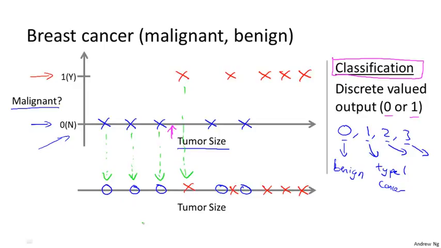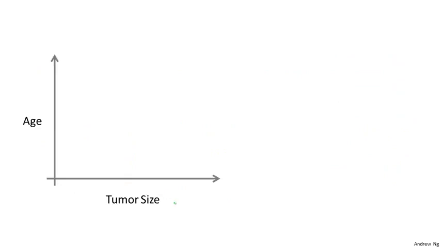Now, in this example, we use only one feature or one attribute, namely the tumor size, in order to predict whether tumor is malignant or benign. In other machine learning problems, we may have more than one feature or more than one attribute. Here's an example. Let's say that instead of just knowing the tumor size, we know both the age of the patient and the tumor size.